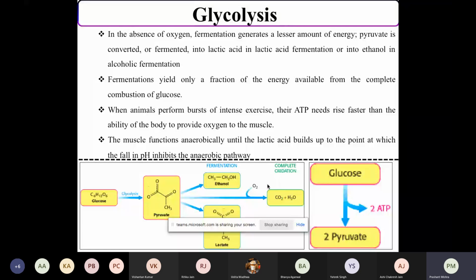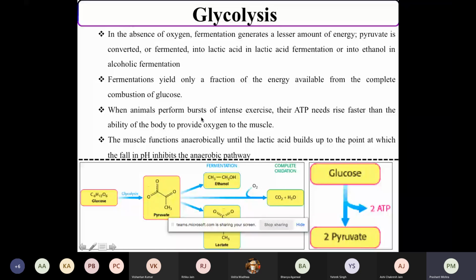So here, compare that in one process, glucose is converted by glycolysis, and only 2 molecules of ATP are generated. Then pyruvate is converted into ethanol or into lactate. So these are the fermentative steps. And here, if oxygen is available, it can be converted into carbon dioxide and water.